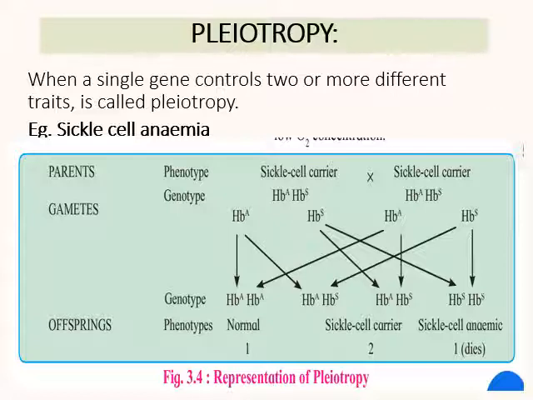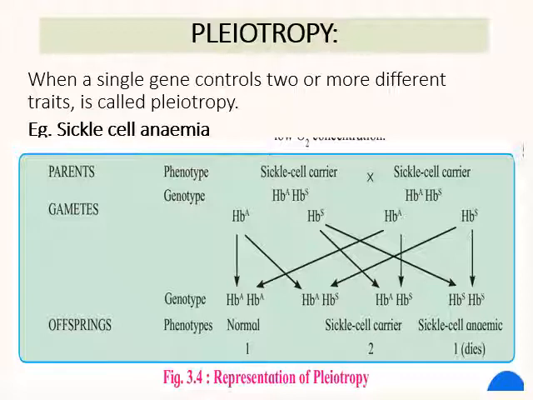Then the sperm containing HbS allele fuses with the egg containing HbA allele. Then a heterozygous individual is obtained with genotype HbA HbS, which is a sickle cell carrier. So in the proportion of 2 sickle cell carriers are obtained, while in the proportion of 1 sickle cell anemic is obtained.